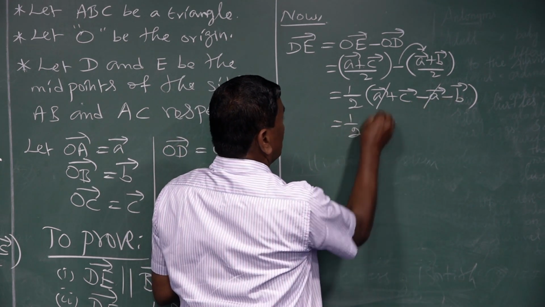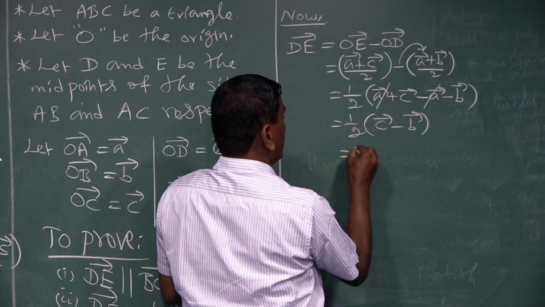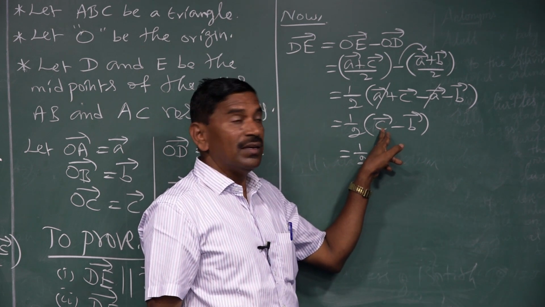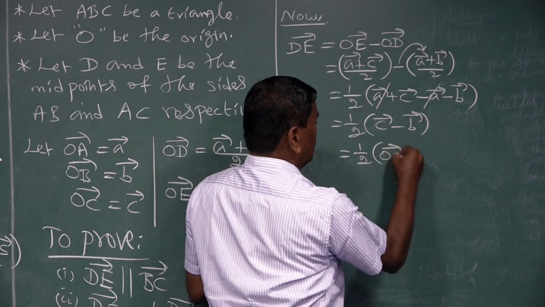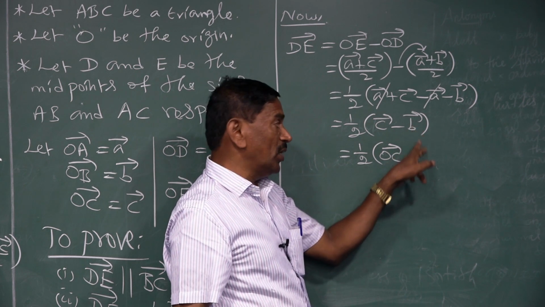So which is equal to half into (C vector minus B vector). Okay. Which is equal to half into, what is C vector? C vector is equal to OC vector, minus what is B vector? B vector is equal to OB vector.